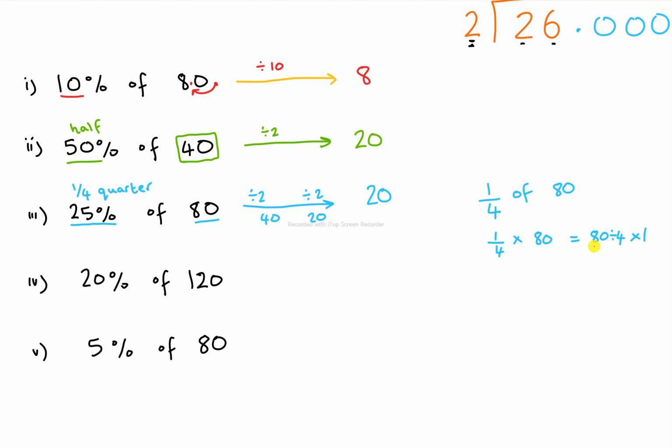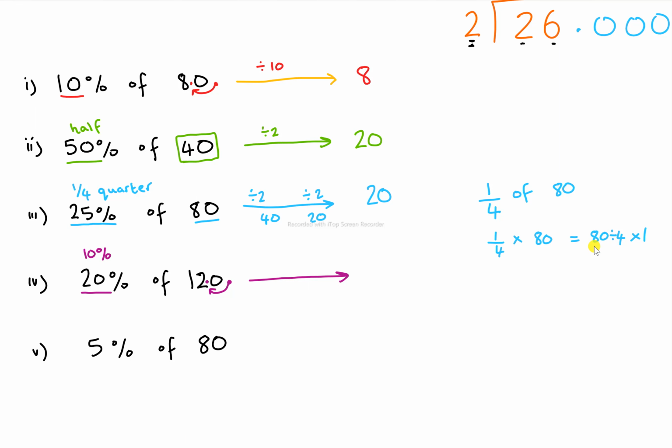Right, let's move on. Right, okay. I want 20%. So I would think I want to work out 10% and then double it. So how do we work out 10%? Decimal point's there. We divide by 10.